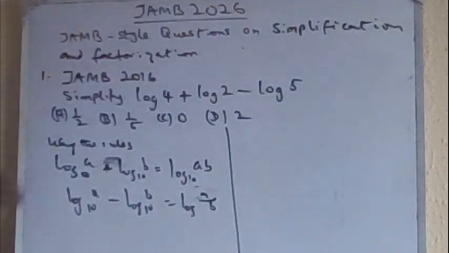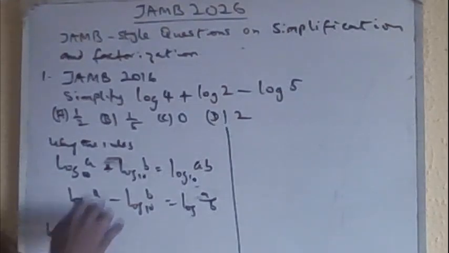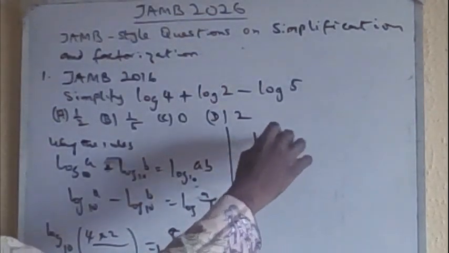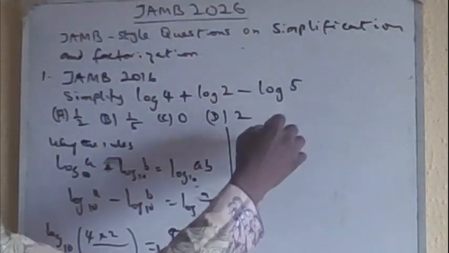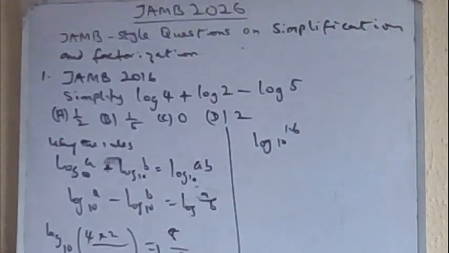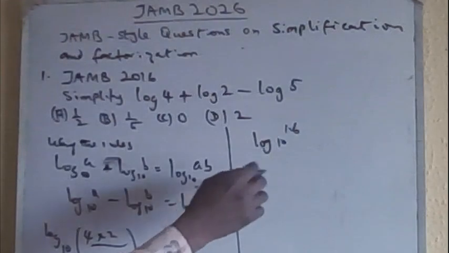So I will say log all to base 10. So I have 4 times 2 all over 5. 4 times 2 will give us 8, and 5, all to base 10. So log 8 over 5 is giving us 1.6 approximately, to base 10.